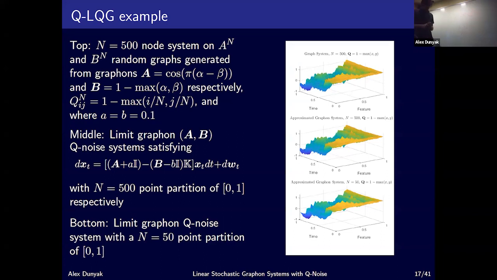You see in the top here, the graph averaging system is relatively non-smooth, but it has a known trajectory.